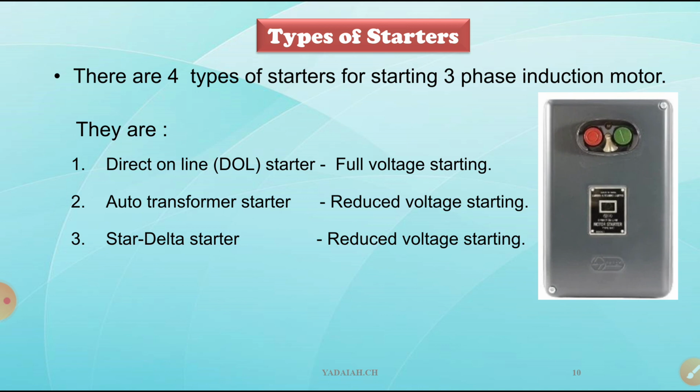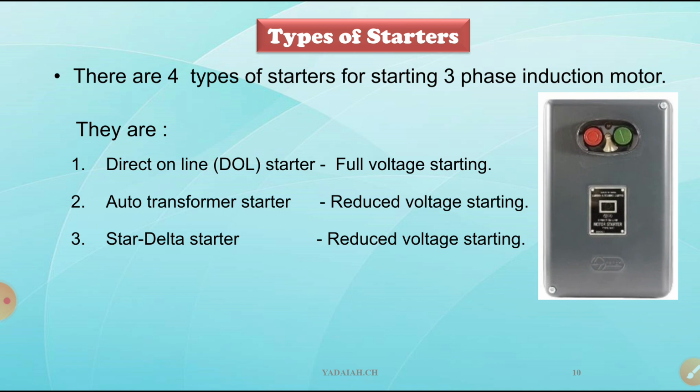Whenever you push the green button, the winding is connected automatically in star connection initially, and after 10 seconds or 5 seconds on the timer, once the motor reaches rated speed, it automatically converts from star to delta with the help of the relay systems. Then the motor will run in normal condition. That is a star delta starter, or automatic star delta starter.